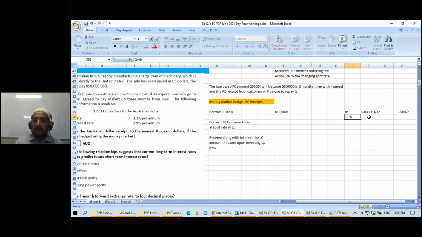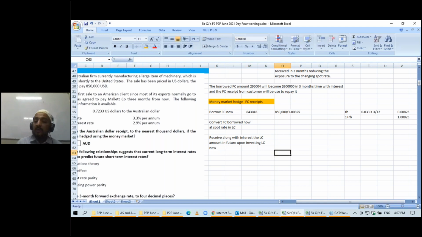So dividing 850,000 by 1.00825 gives you the foreign currency amount to be borrowed now, which will be 843,045.